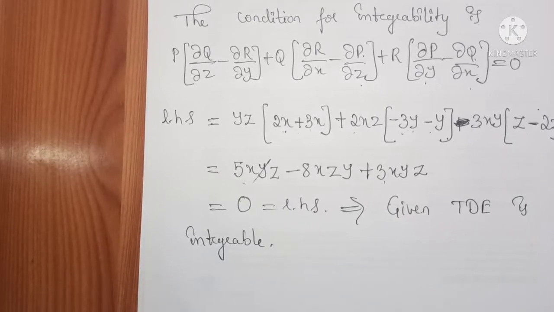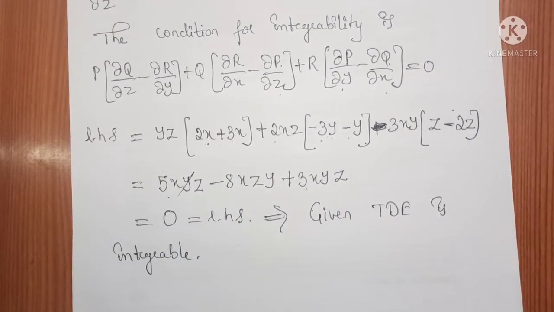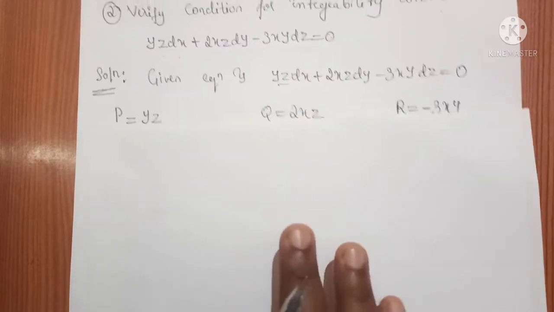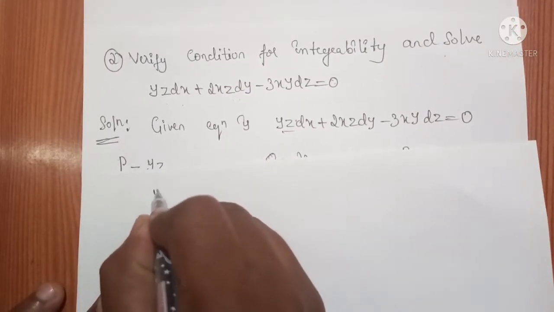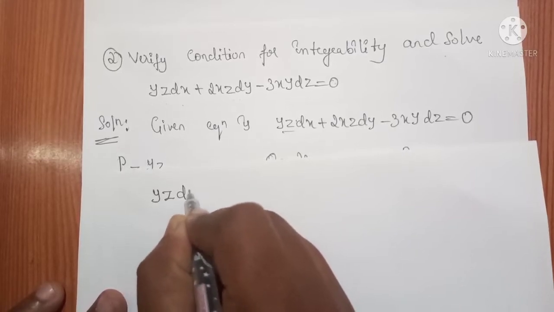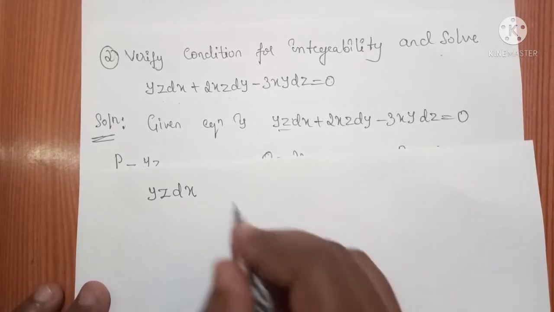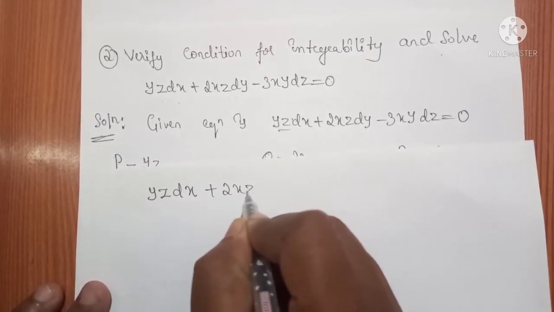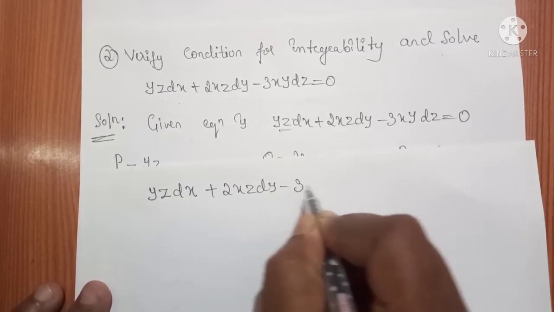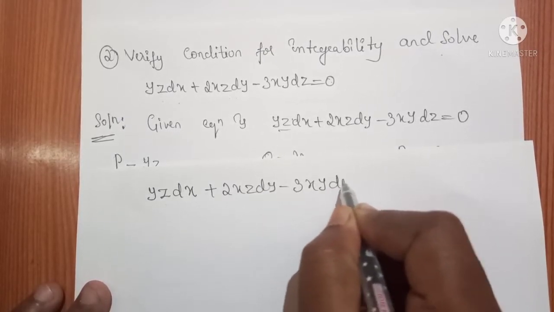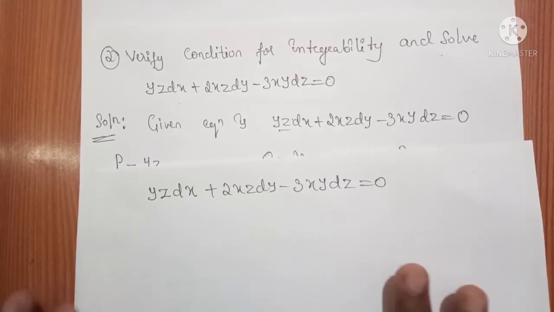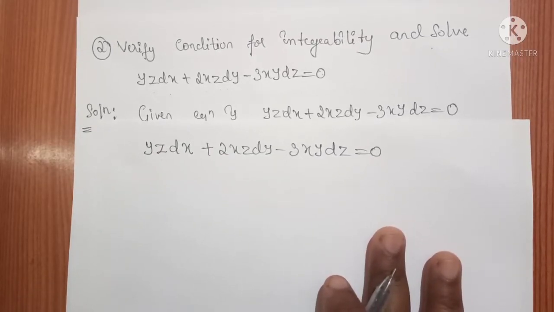Okay, now we find the solution of this one. To find the solution, we consider the given equation: yz dx plus 2xz dy minus 3xy dz equals to 0. Here there is no need to arrange the terms because it is already arranged.